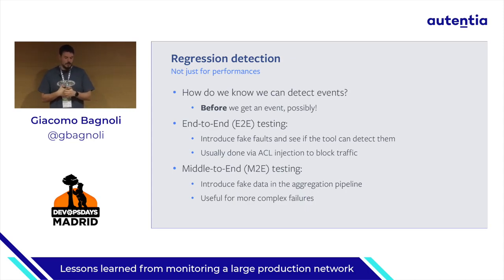So to simulate more complex scenarios, we skip the agent part, the pinging part, and we just send fake data to the aggregators, so we just stress the aggregation pipeline. For example, every time there is a postmortem, and one of those big unforeseen events came up, we try to come up with a test that mimics that kind of big event.